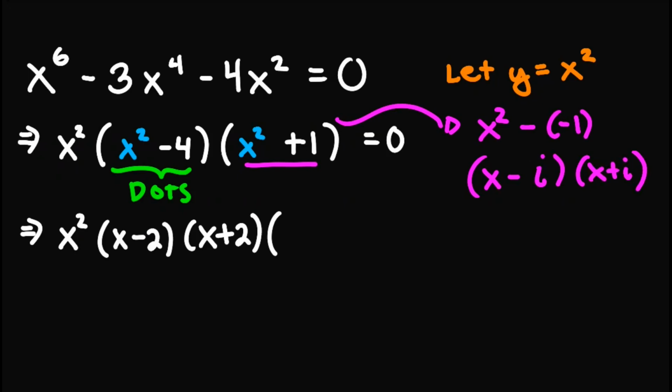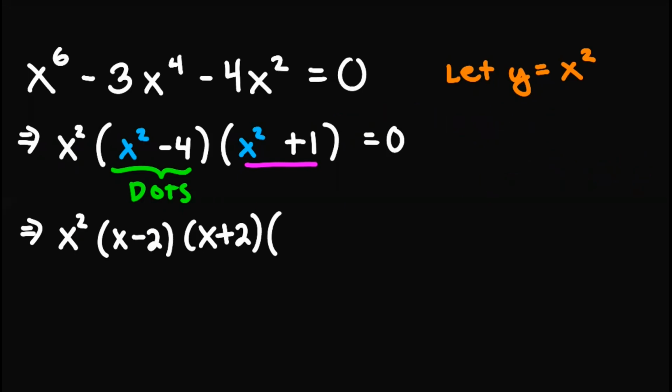So we leave that one as it is. So we have here x squared plus 1 equals 0. And now, we have fully factored the polynomial. We have here x squared. Note that we don't really need to factor this since it will just give us x times x. Then we have x minus 2, x plus 2, and this one, we leave this one as well.